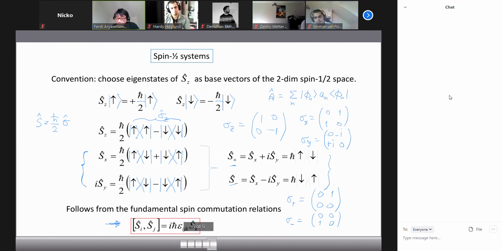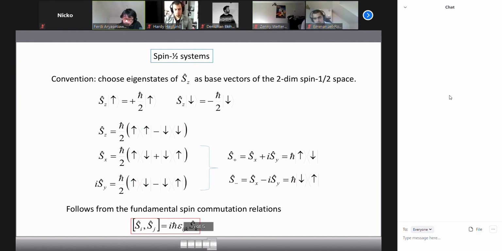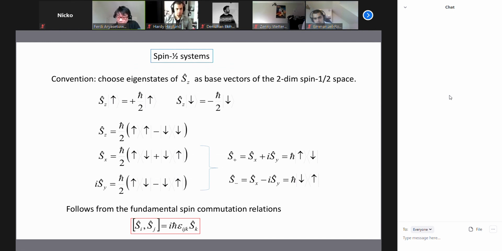So now we want to look at the rotation in this two-dimensional Hilbert space of the spin half states. So I think that's all I have.